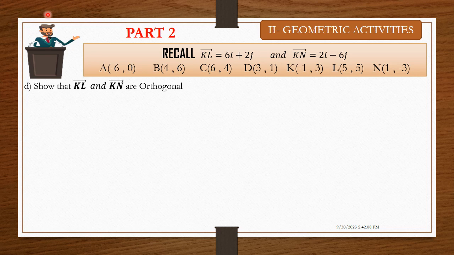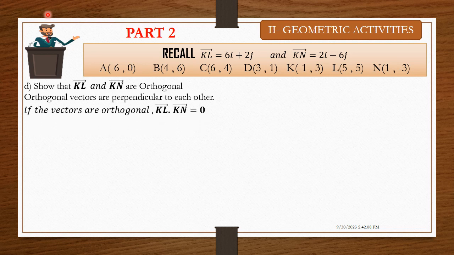Orthogonal vectors means the angle between these vectors is 90 degrees, so the two vectors KL and KN are perpendicular to each other. The French word for perpendicular is orthogonal, and that's what you see on the question paper. So orthogonal vectors are vectors that are perpendicular to each other.